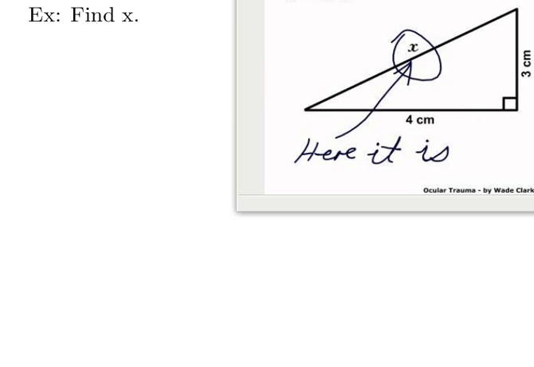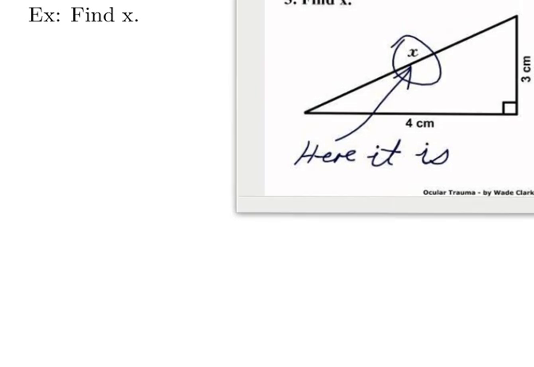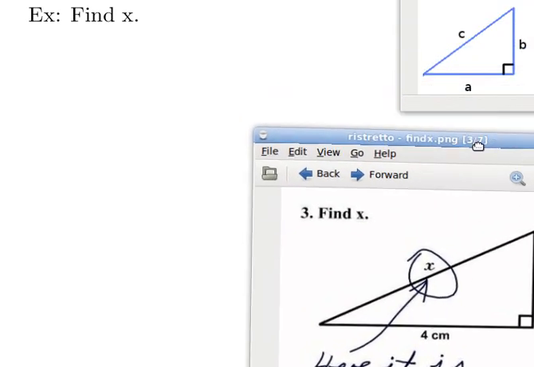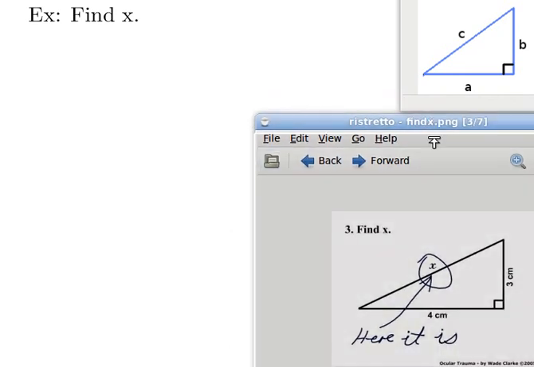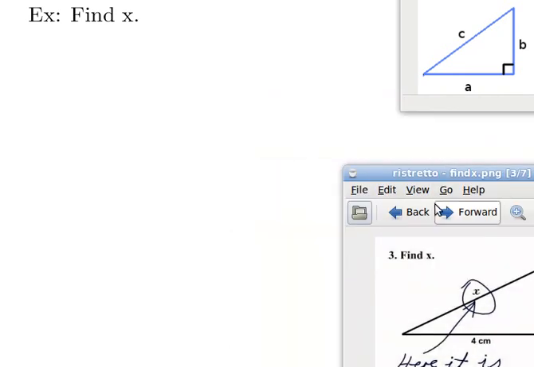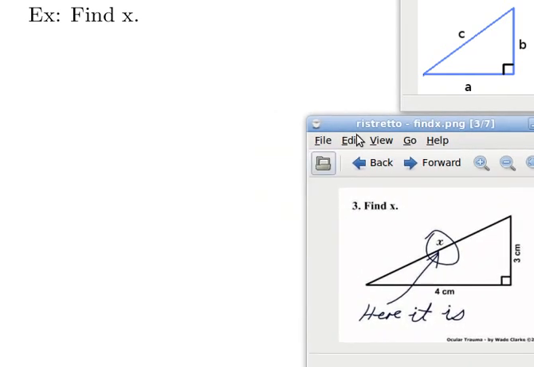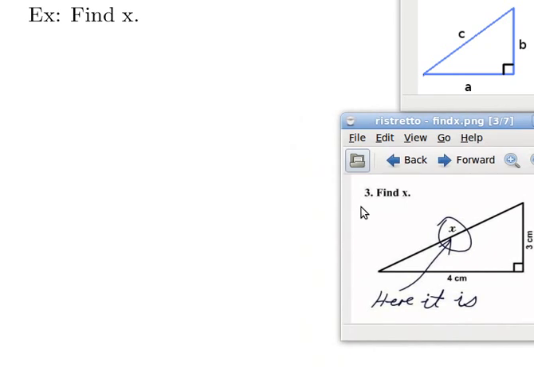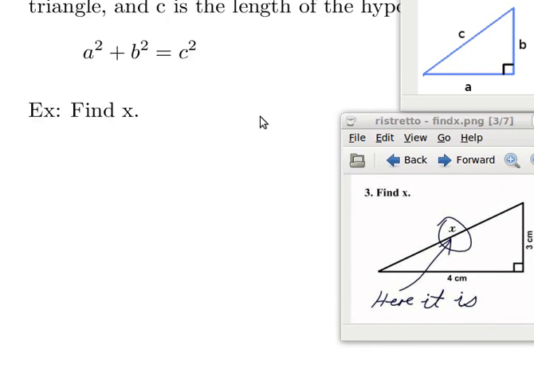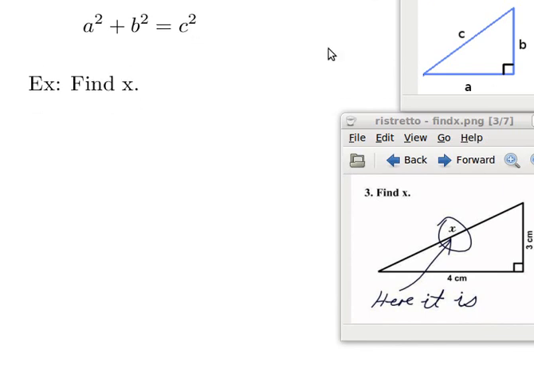And we're going to be doing the same find x that they're doing here. So let's see how this corresponds to this. Now let's also notice that we're talking about a squared plus b squared equals c squared. I want to keep all this on here at the same time.